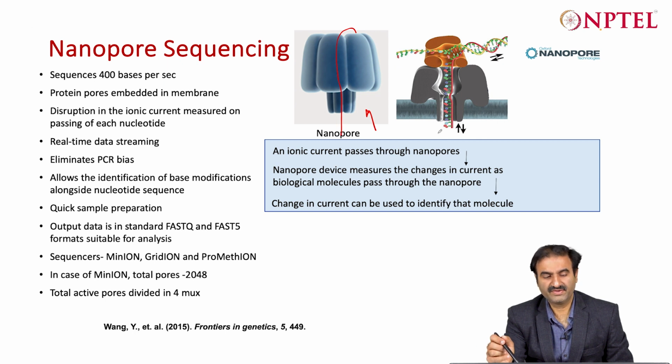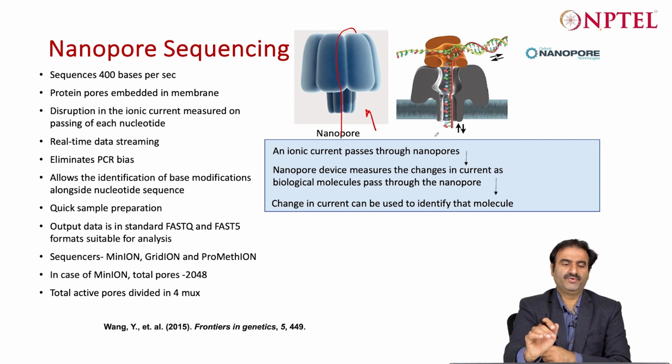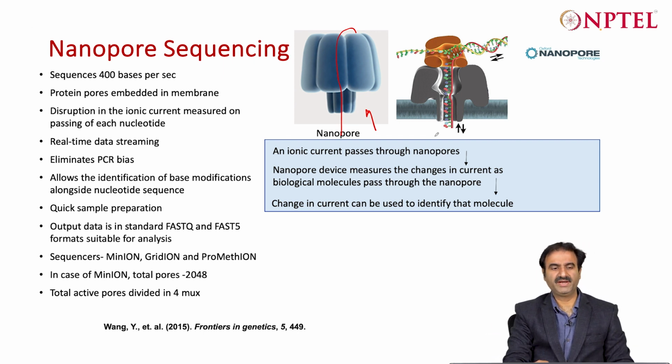In the nanopore there is a continuous flow of ions. So when DNA having different shapes of different nucleotides passes, they will block this pore to a variable extent, and that will lead to disruption in the ionic current or voltage that is detected, and that will be used to detect which molecule of DNA, like A, T, G, C, passes through this, right? So these are protein pores embedded in a membrane.